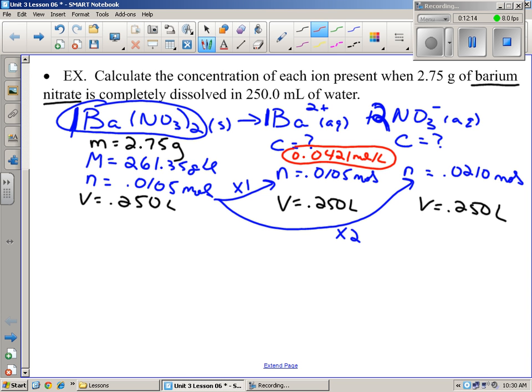And do the same thing over here, and I will get 0.0842 moles per liter here. Twice as much. Okay? And that's the concentration of each ion that is present.